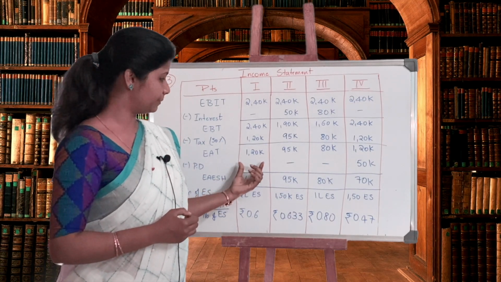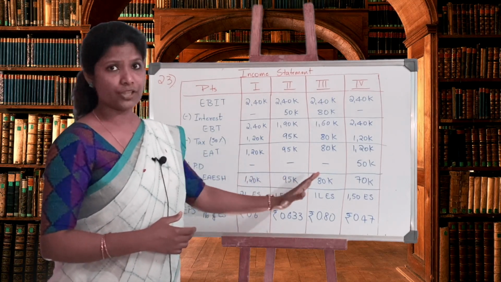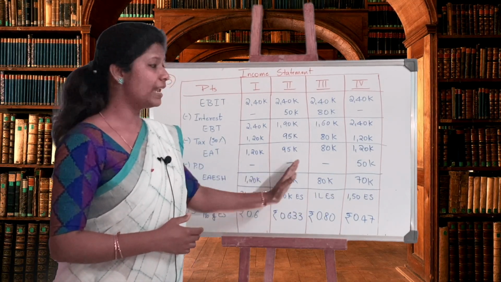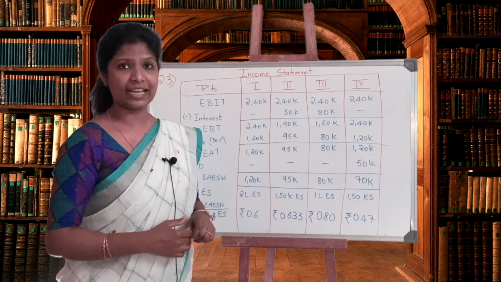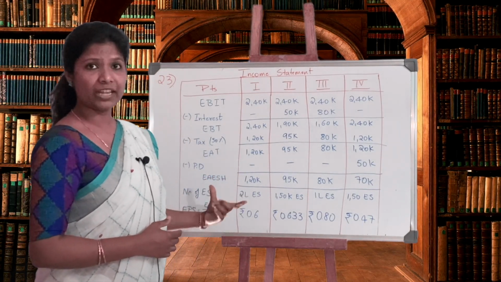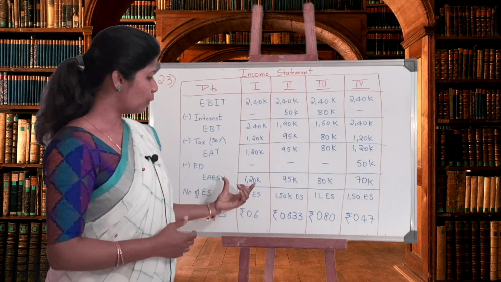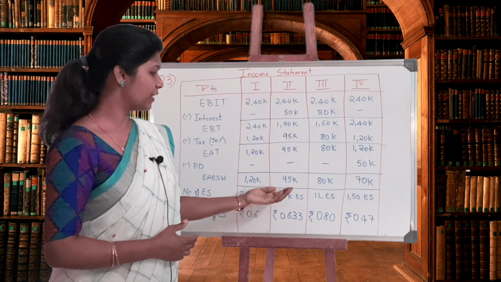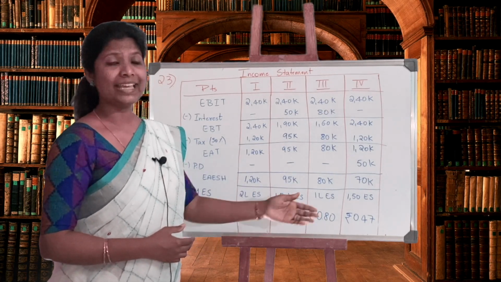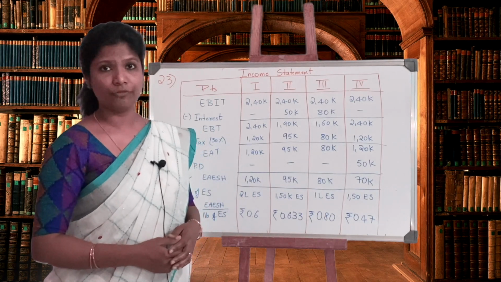The first three plans do not have preference, so it is nil. Only the last plan has 50,000 rupees, and then we deduct and we arrive at earnings available to equity shareholders. 1,20,000 for plan 1, 95,000 for plan 2, 80,000 for plan 3 and 70,000 for plan 4.